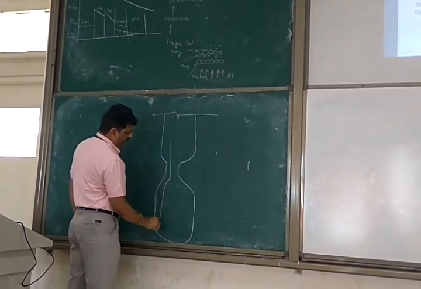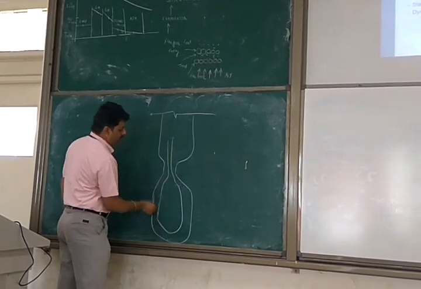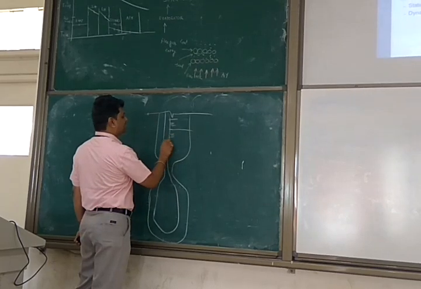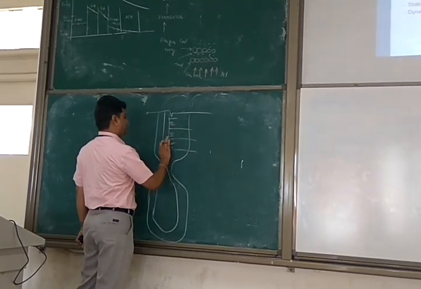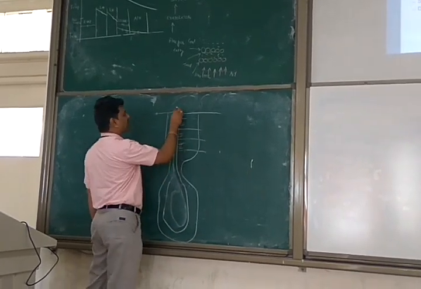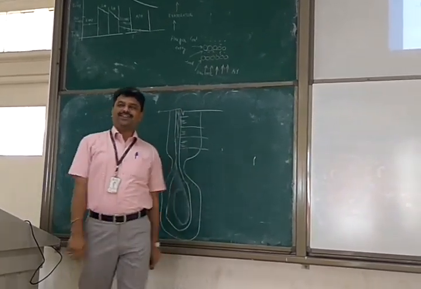This is, I've drawn a little bigger because it's easy for me to draw and you will be able to see it better. Somewhere you have seen this? What is this? Yeah, thermometer.